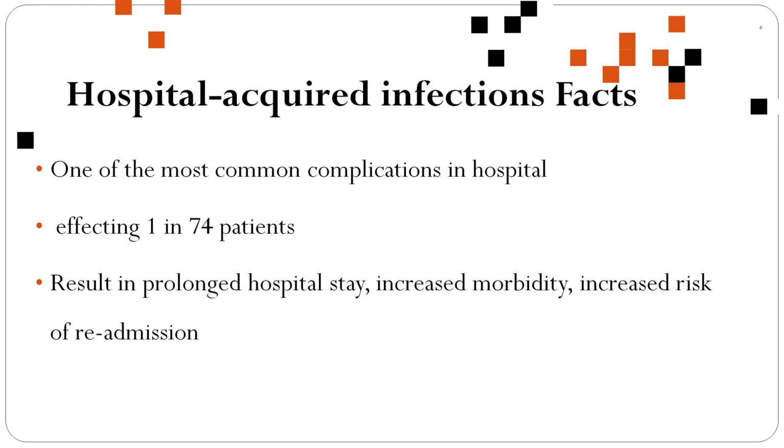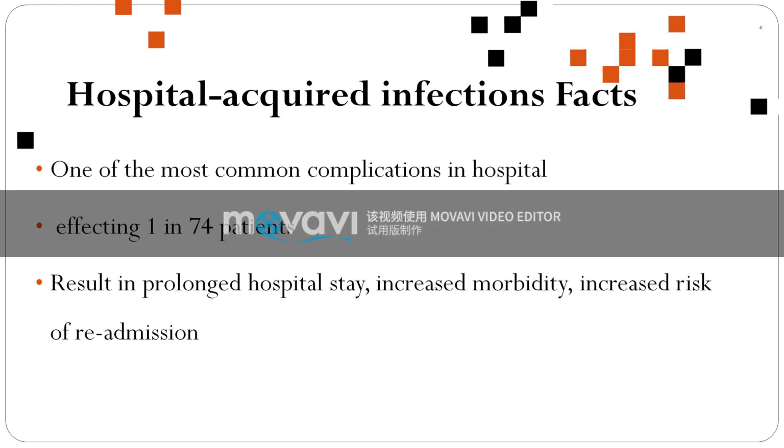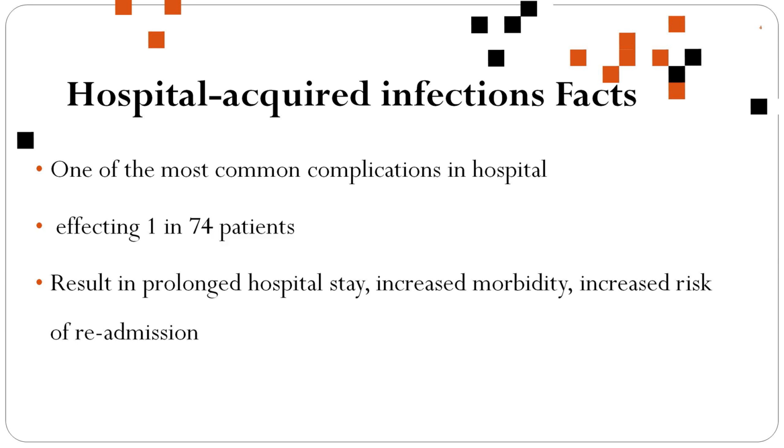Then let's have a look at the impact of hospital-acquired infections. According to research, a large number of Australian hospital patients experience hospital-acquired infections each year. From 2015 to 2016, over 6,000 hospital-acquired infections were diagnosed in Australian hospitals, which is 1 in every 74 patients.